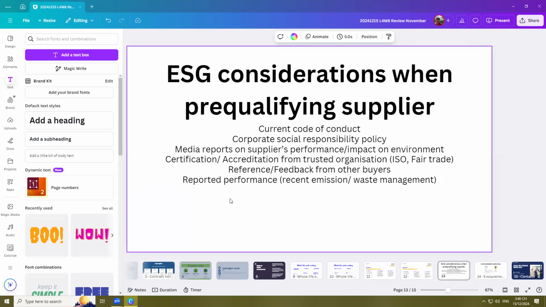Okay, so it is like the consideration when it comes to pre-qualifying or selecting the supplier. Then with this one, we don't have any contract with this supplier and we don't have any experience with them, except that we need to ask them how to disclose their policy regarding code of conduct or CSR policies.